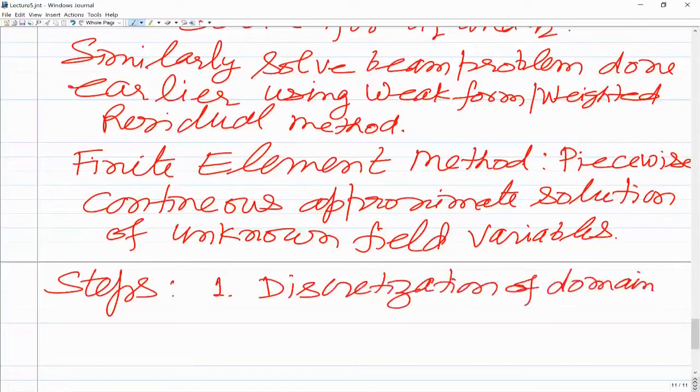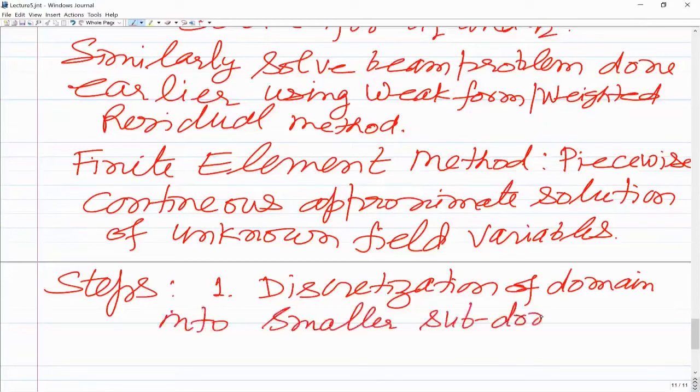For 2D, it would be an area, and for 3D, it would be a volume. So that we call the domain. So discretization of domain into smaller subdomains, and these subdomains are referred to as finite elements.